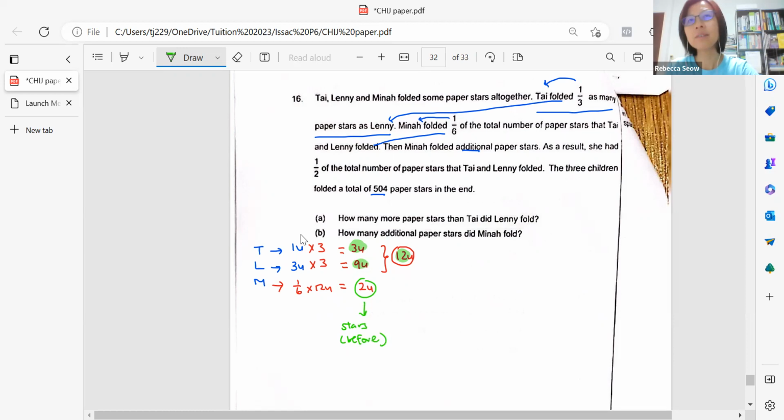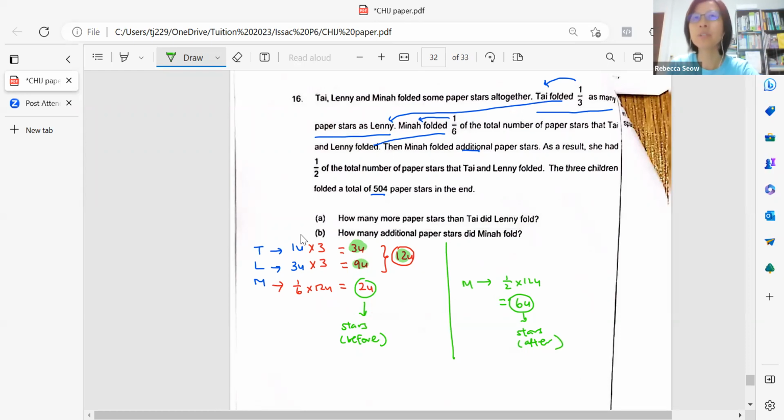And if I want to consider the number of stars that Mina has after, that would be half the total number of paper stars Ty and Lenny folded. So Ty and Lenny folded 12 units. If it's half of it, that would make 6 units in the end. So this would be the number of stars after.